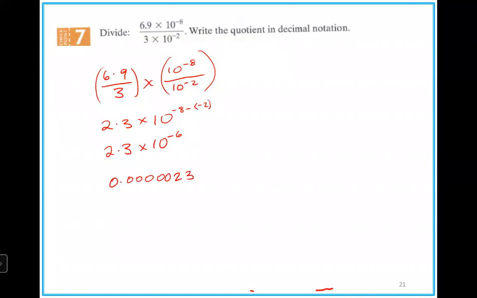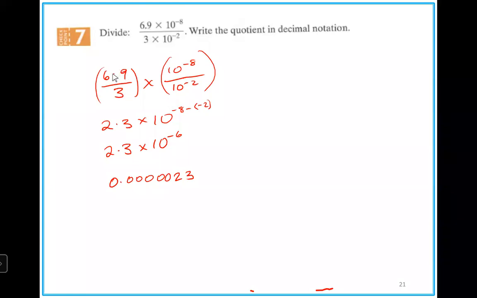Okay, thank you. Hi, Mr. Allen. Yes, ma'am. I don't follow where she got the 2.3. Okay, 3 into 6.9 is 2.3. Remember, we're separating this portion, 6.9 over 3, and then 10 to the power negative 8 over 10 to the power negative 2.